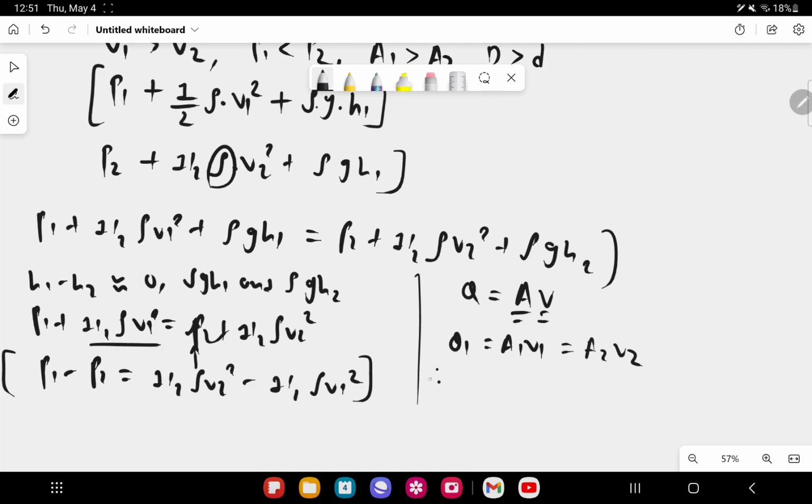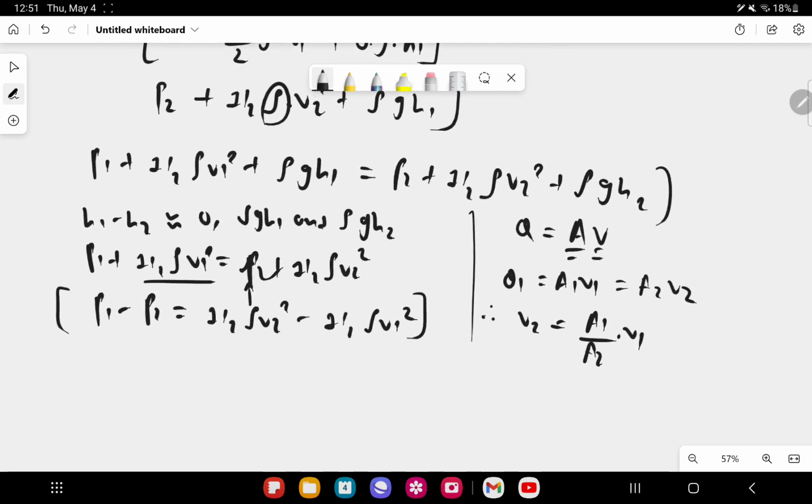So we can derive the expression of V2, and V2 is equal to A1 divided by A2 times V1. So let's substitute the expression of V2 which we just derived into this equation in order to derive the expression of V1.